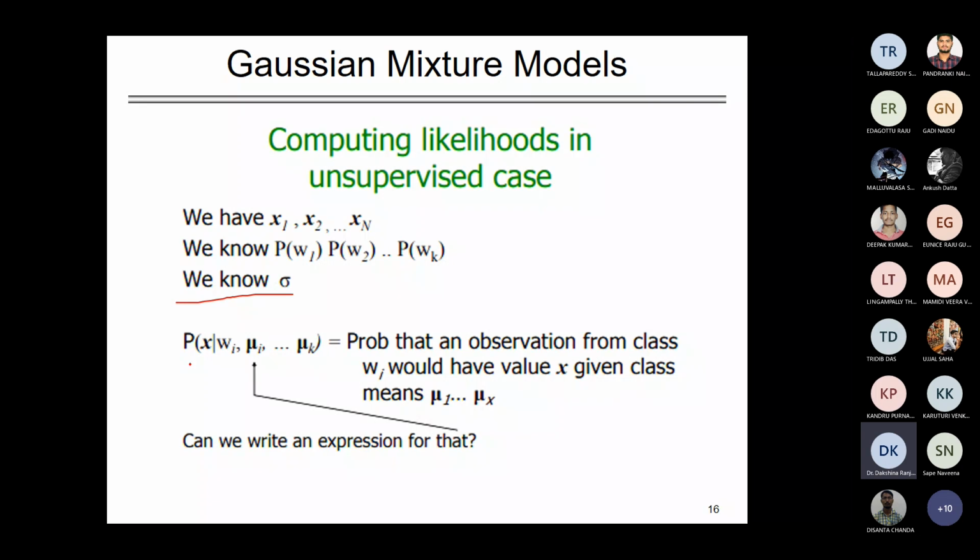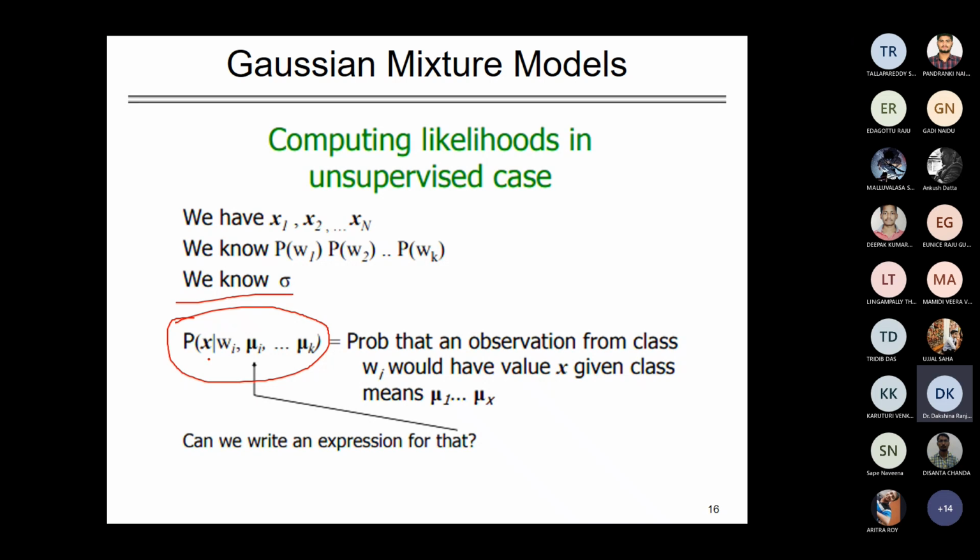So we can get the probability of an observation from class omega I. If we consider the ith class omega I, the ith component will give us this probability, which is nothing but the likelihood. You can remember that this gives us the likelihood estimation.